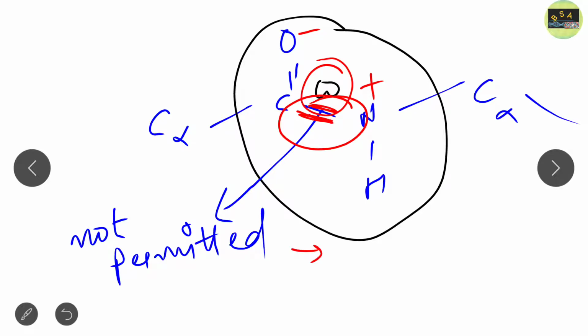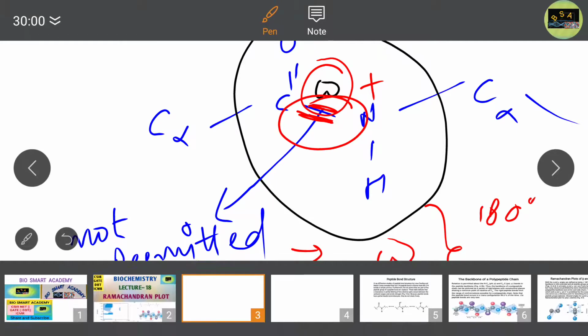So in omega, the rotation is not possible. Clear? The angle of rotation around the peptide bond, omega, has the value 180 degrees or 0 degrees.